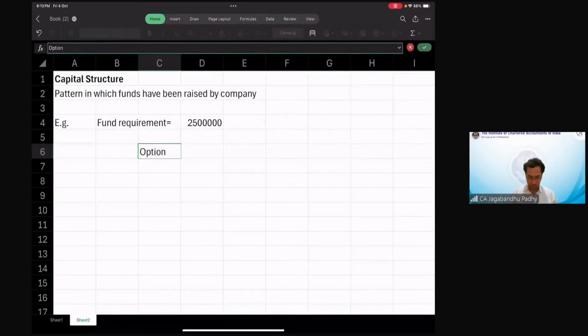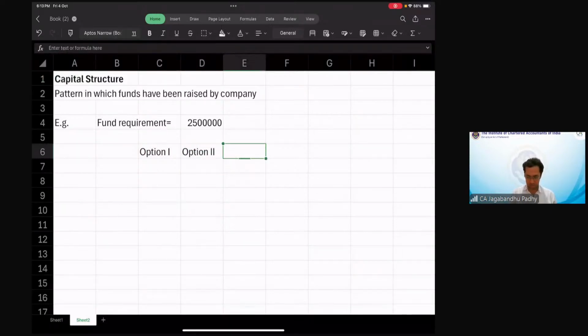So we are looking at option 1, option 2, option 3. There are three options with us. The fund requirement is 25 lakh.